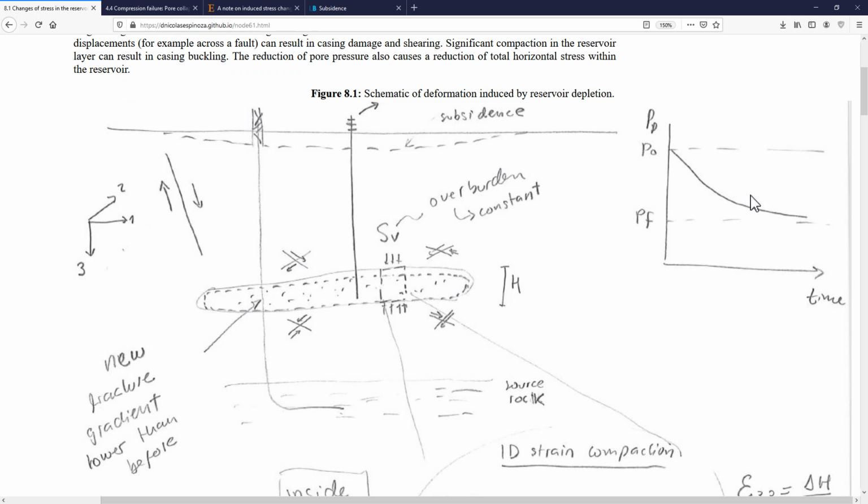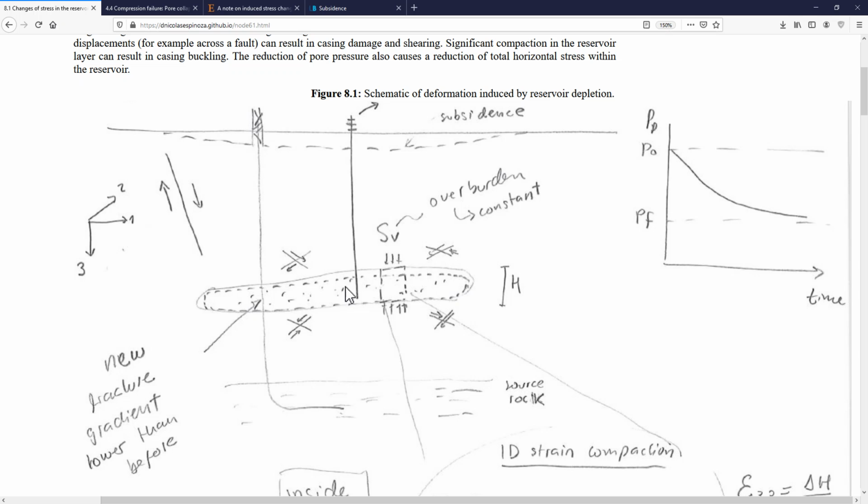Sometimes the changes of pressure are so important that they can cause significant deformation of the reservoir layer and adjacent formations that can result in settlement of the surface, a phenomenon called subsidence, and can also cause induced seismicity near this region.